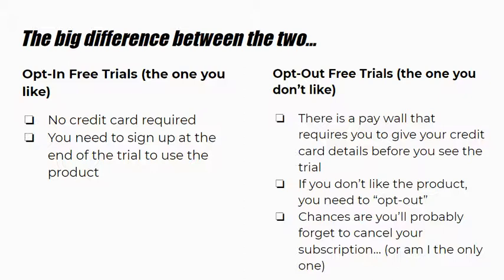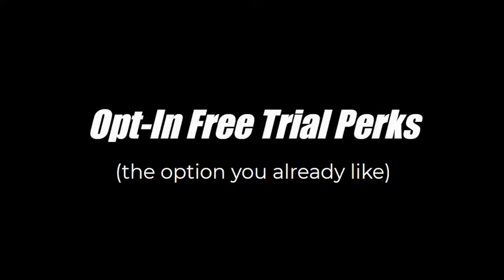And in that case, a lot of the business owners who implement the strategy think that, okay, we're giving them a discount, but there, as you will see, are some gnarly repercussions of using the opt-out free trials. So I'm going to just start with the opt-in free trial perks, because you probably already like this option, and there's quite a few other things that you might not know about it.